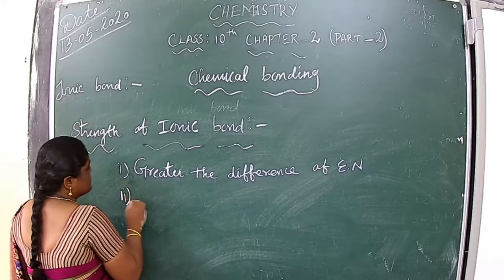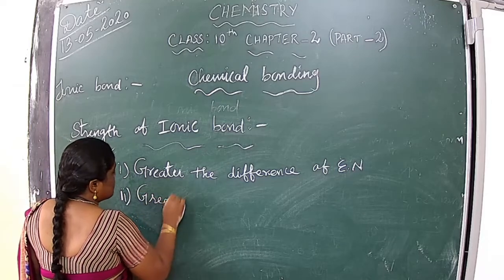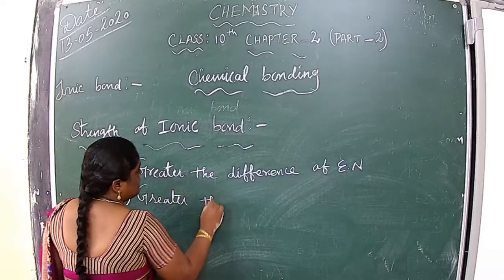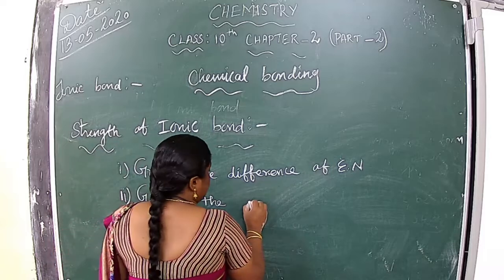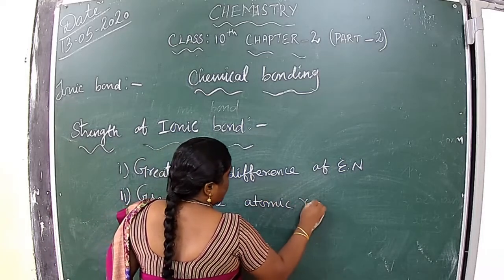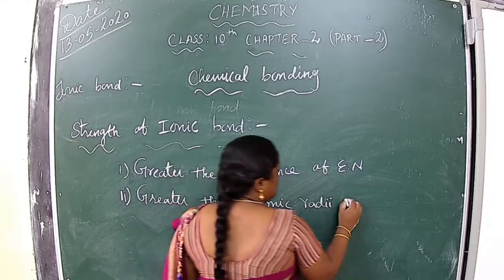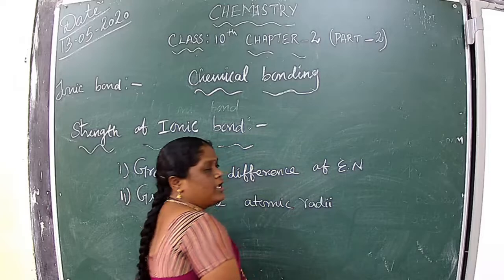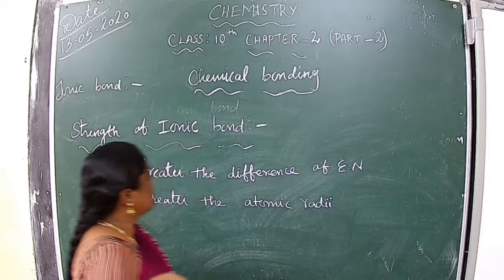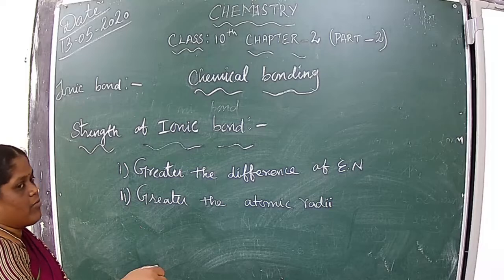The second one is the greater the atomic radii, the greater the strength of ionic bond. Understood? These are the two factors of strength of ionic bond.